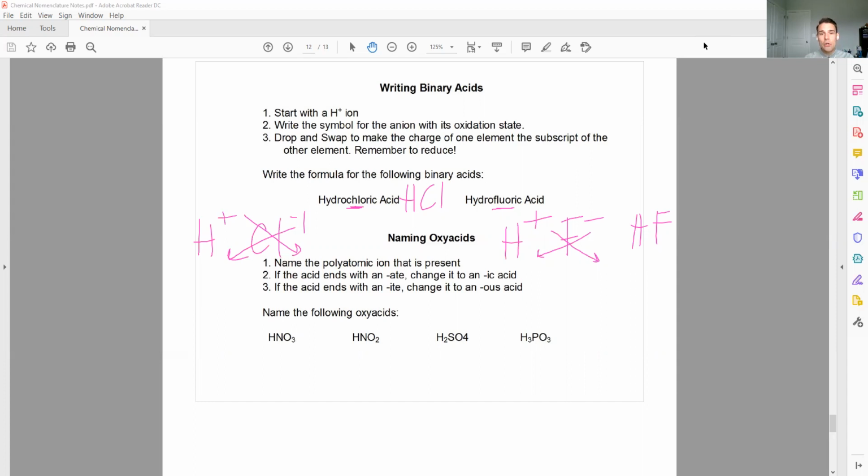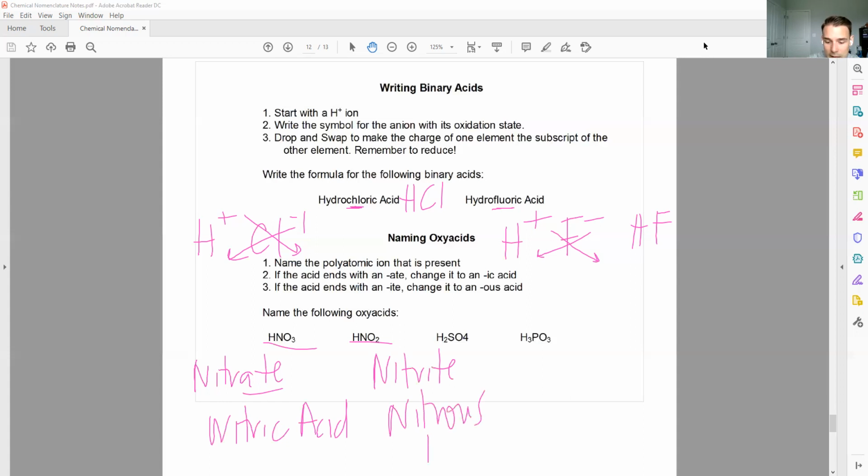Ite turns into an ous acid. So in HNO3, we have nitrate. The ate turns into ic acid, and this would be nitric acid. HNO2, nitrite is the polyatomic ion in there. That turns into nitrous acid.